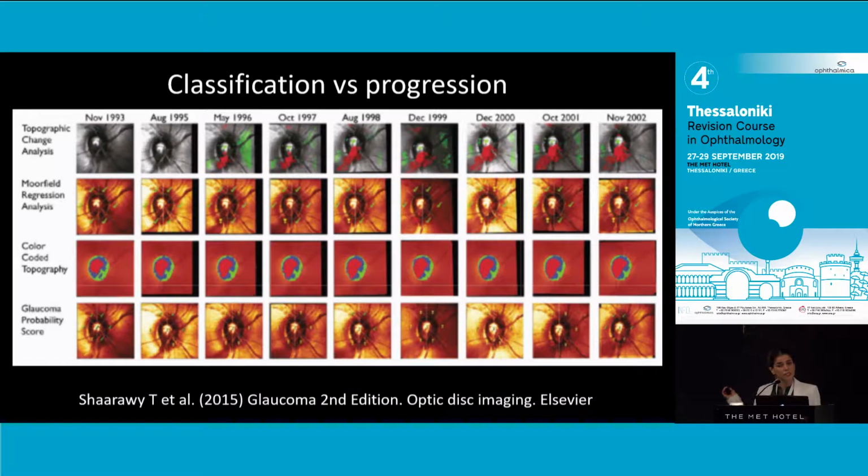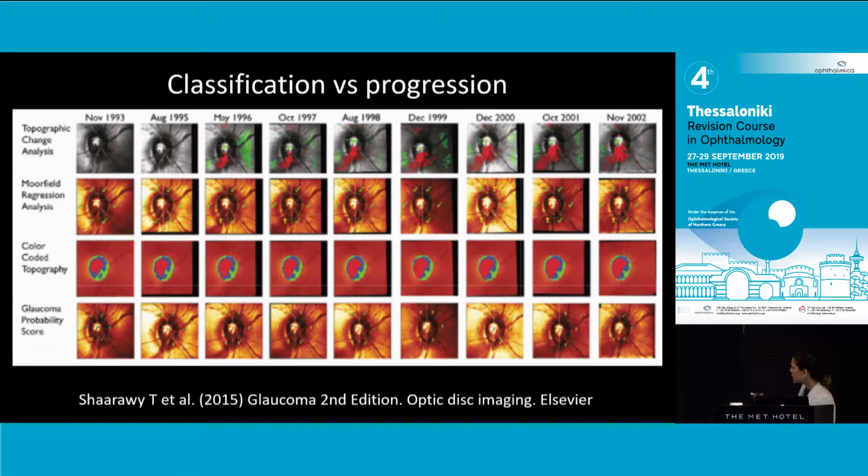This is an interesting example which shows you how the HRT and all of these machines can detect change, but may not detect glaucoma necessarily. So this is a patient with a disc which is clearly getting worse, and this is very, very typical glaucoma getting worse.